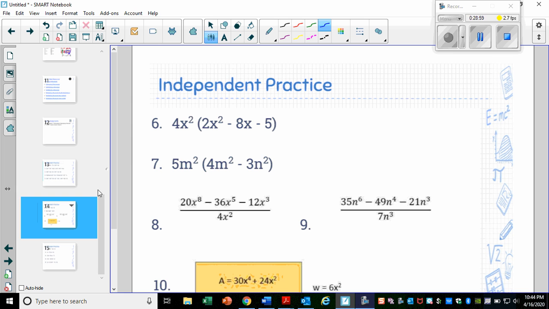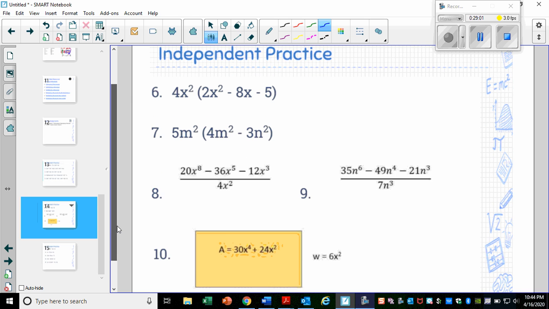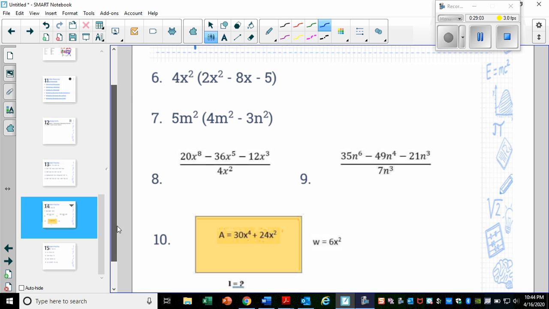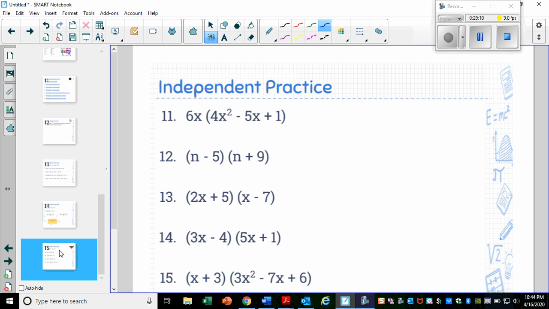Now, some of these problems, actually quite a few of them, look familiar because that was part of a homework assignment that I had requested to collect before the break. And it was mainly the last 2 sets of problems. Problems 6 through 15 were part of a homework assignment. There was also another homework assignment that was given to you. Well, there was another page that had addition problems.